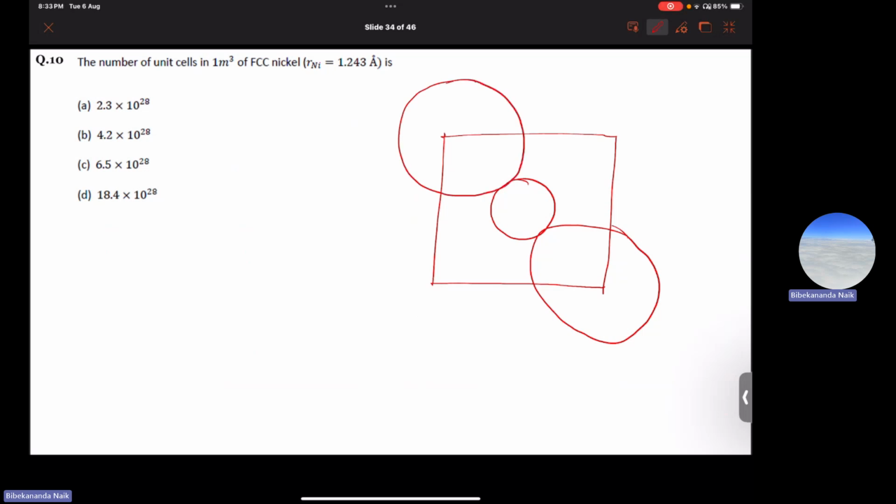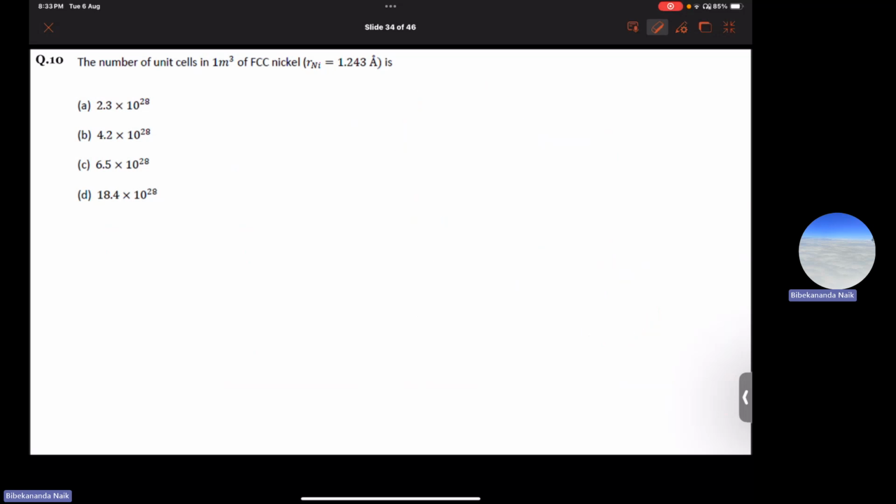Technically all these shapes should be the same, so let me draw 3 the same.